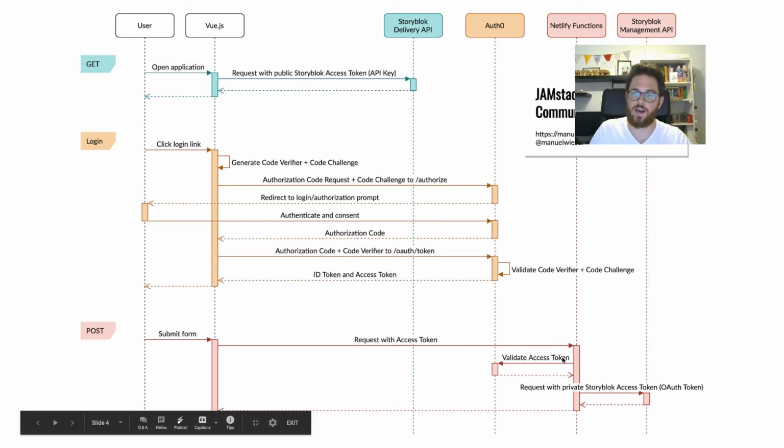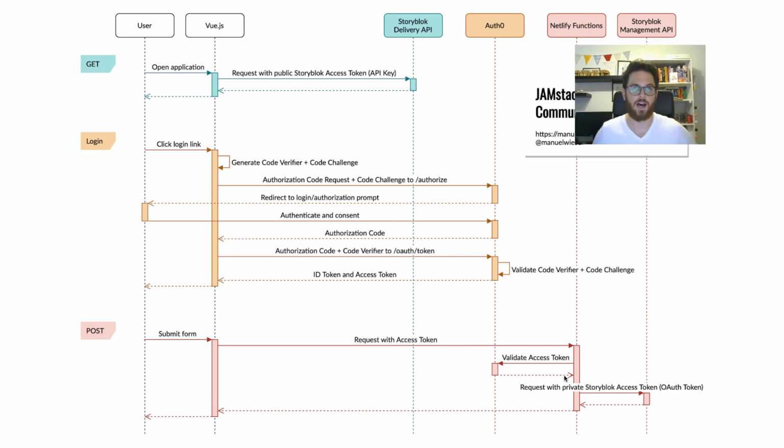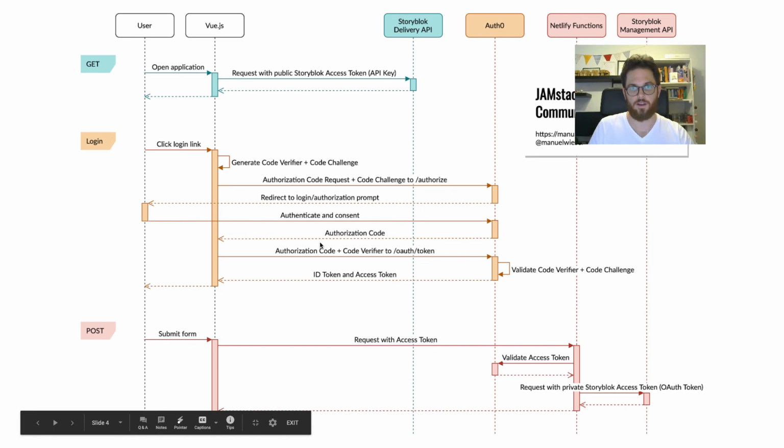So this is also why you need serverless functions. There is always some code that you can't serve to the user because it can't be public. Your management API token can't be public, only your serverless function is allowed to know it. So only your serverless function, and only if the user is allowed to, can change data in your CMS.